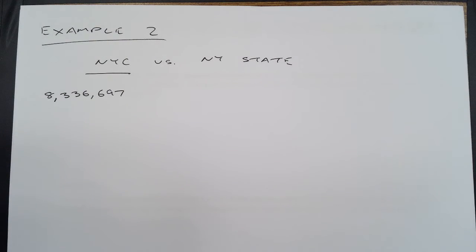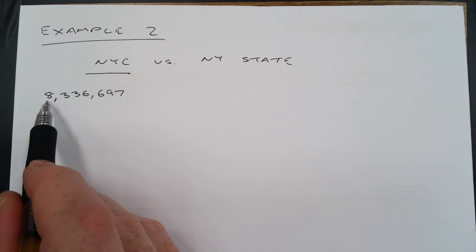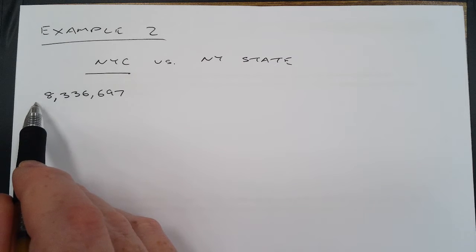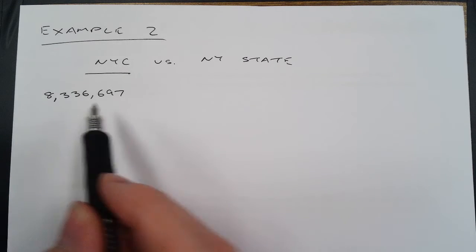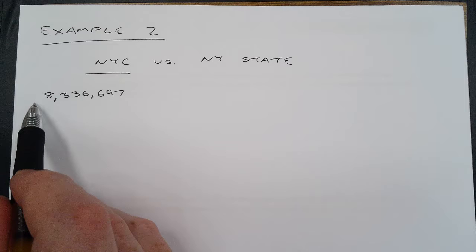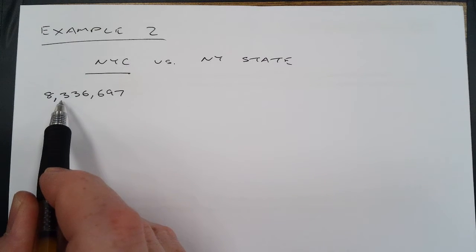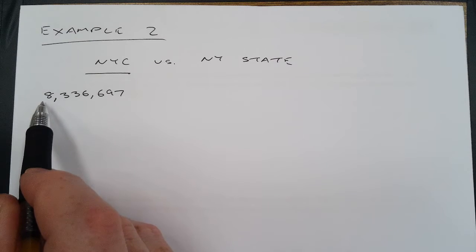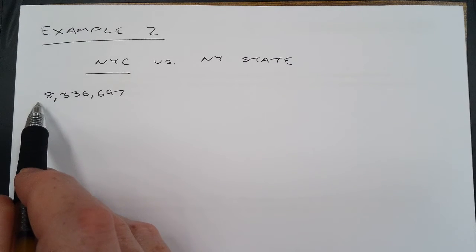Now we could approximate and say that's close to 10 million. But if we say it's close to 10 million, we're going up almost 1.7 million. We're going up almost 2 million to jump up to 10.